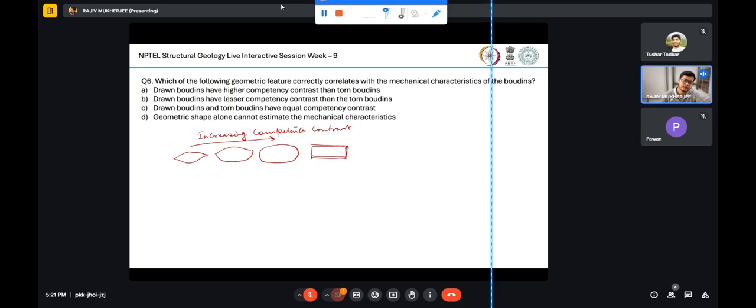turn like this. Okay. So you have to observe the face geometry.